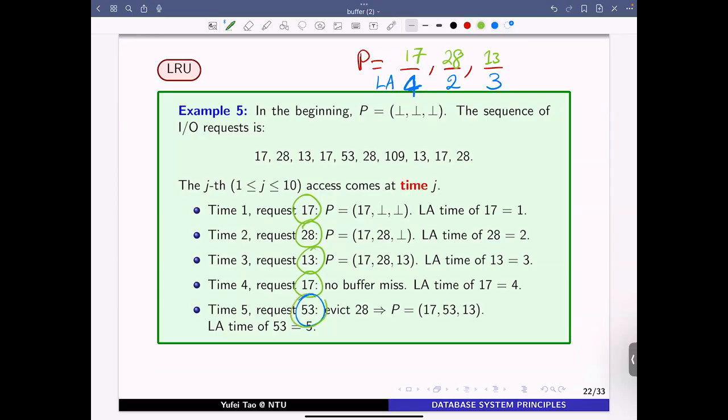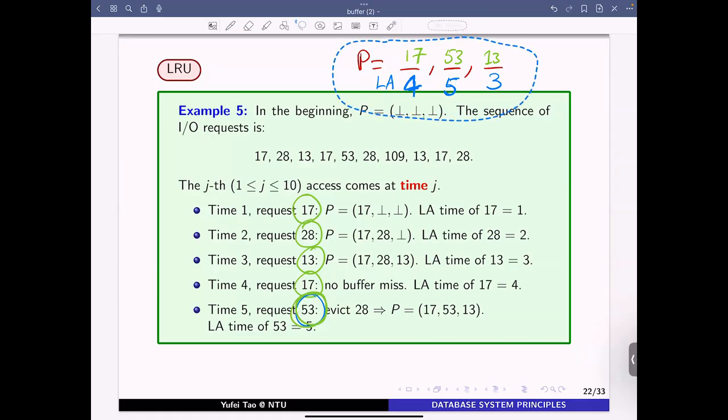That's a miss, and too bad, our pool is full. We have to kick out somebody. 28 is the one to kick out here, because its LA time is the smallest. So we kick that out and put 53 here. Remember, you have to record the LA time, which is 5.